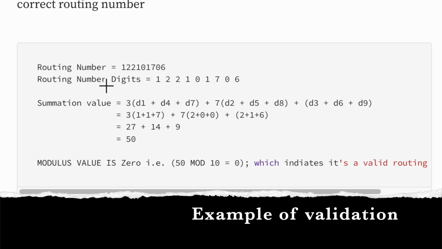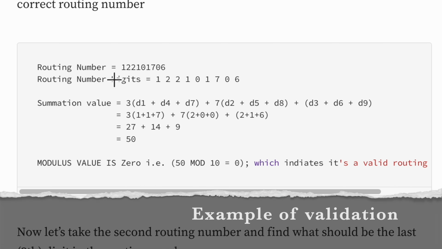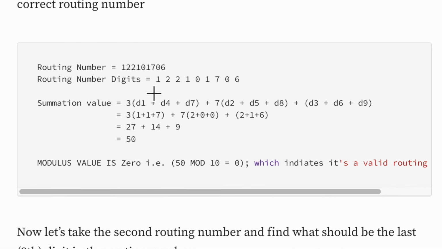Now let's see how we can validate the routing number with the help of the formula which we saw. So this is the routing number, digit 1 being this, digit 2 being this, digit 9 being this. If we apply the formula, we sum all these with the application of weights.